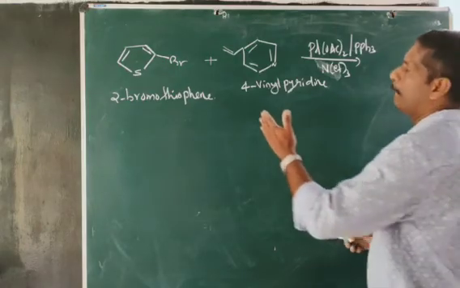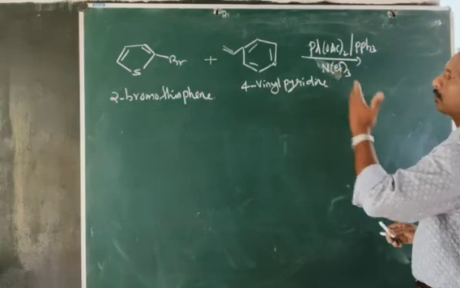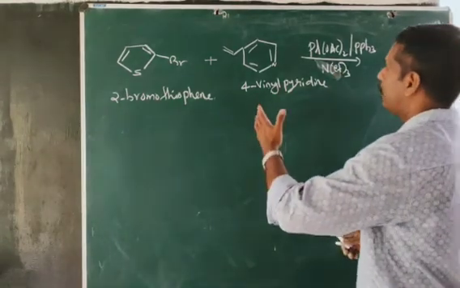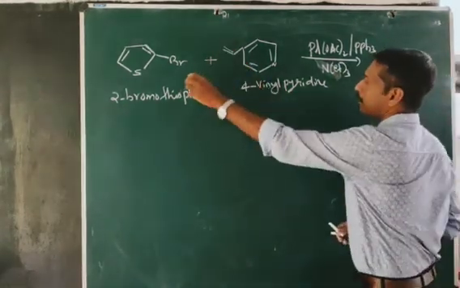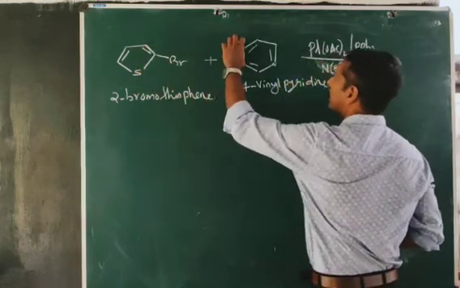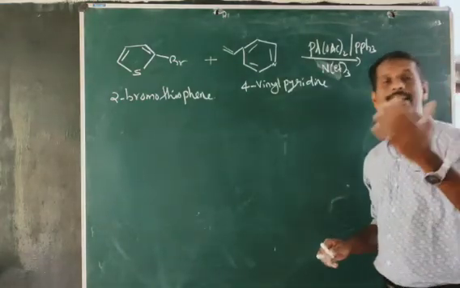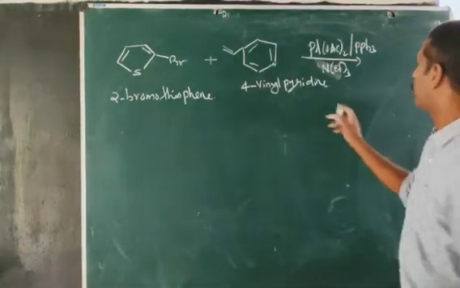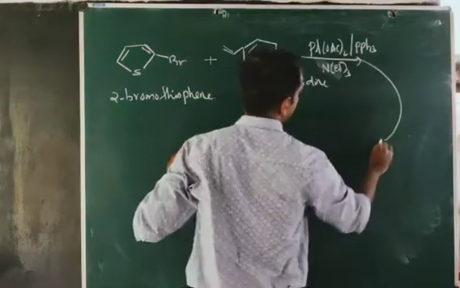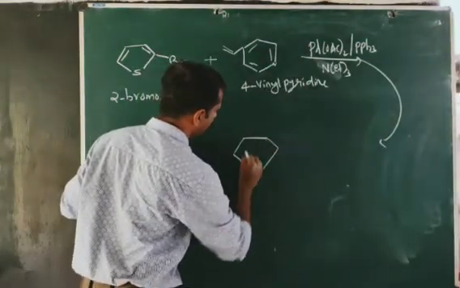You can see that a heterocyclic halide can be coupled with an alkene by the Heck reaction. That is also very important, and we will get a coupled product. What is the coupled product we are getting? You get a coupled product like this.